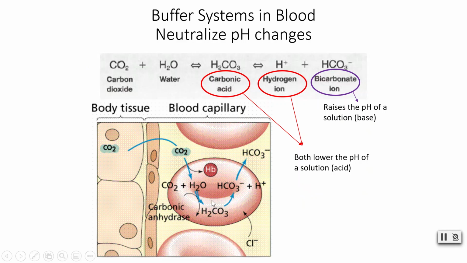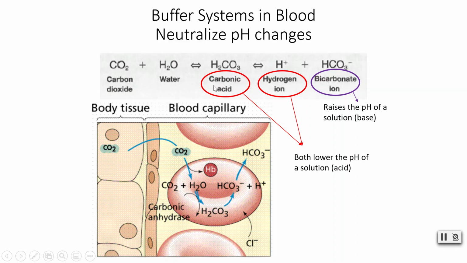Okay. So these first two reactants should be familiar to you, carbon dioxide and water. You know that your body is full of water, and you know every time you breathe in oxygen, we use it and we turn it into carbon dioxide. So this is very commonly found in your body as well. We can take that carbon dioxide and water, and combine them to make something called carbonic acid.